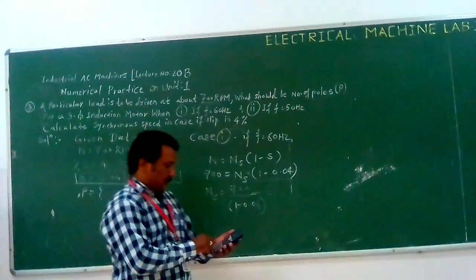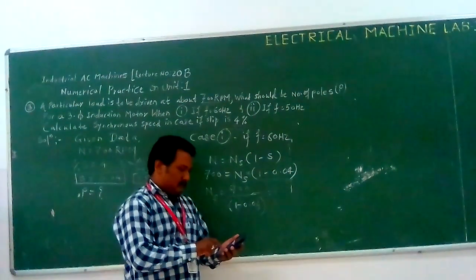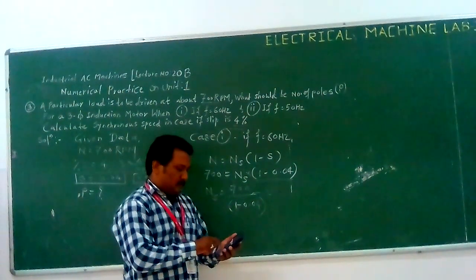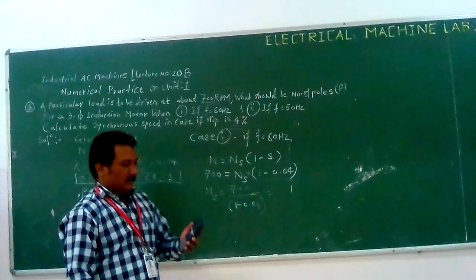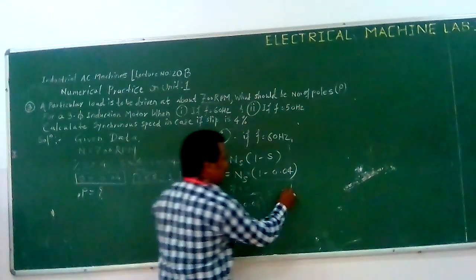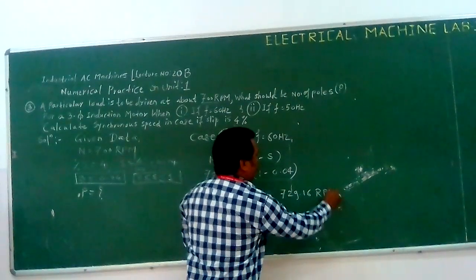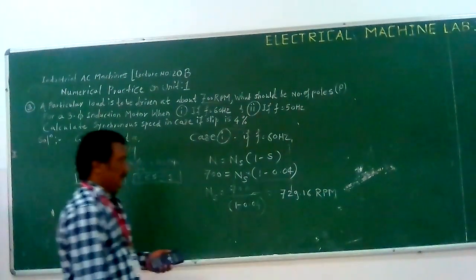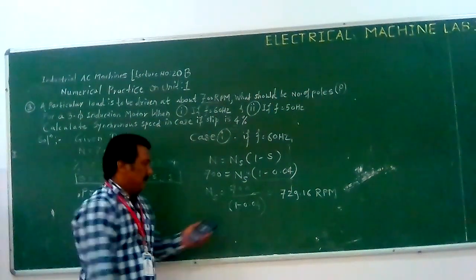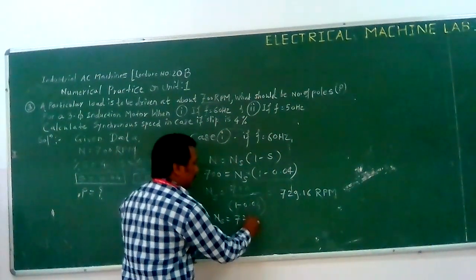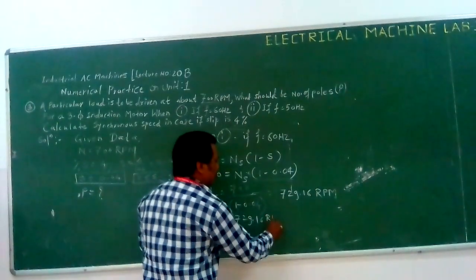So 700 divided by 1 minus 0.04, and it will be 729.16 rpm. Here we are calculating Ns. Ns is 729.16 rpm.